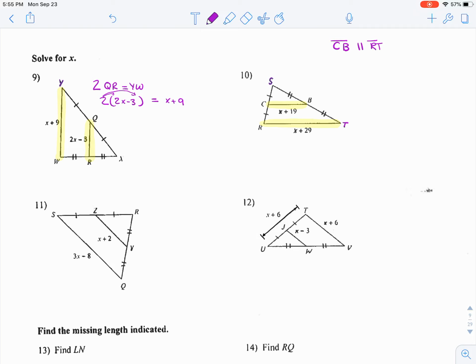Not only is it parallel to the third side, CB is half as long as the third side, RT. But again, we don't like dealing with fractions, so instead of halving something, let's simply double our mid-segment. So, if we plug in our pieces accordingly, 2 times x plus 19 equals x plus 29.